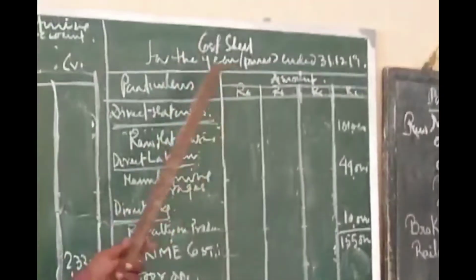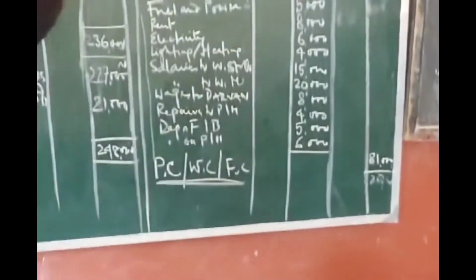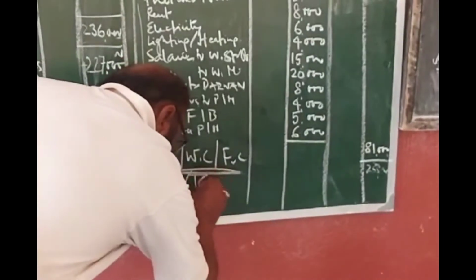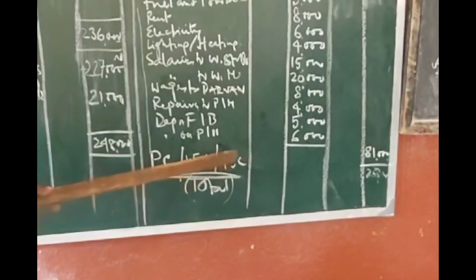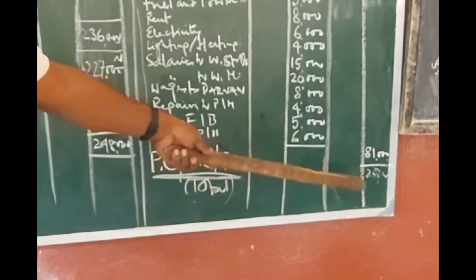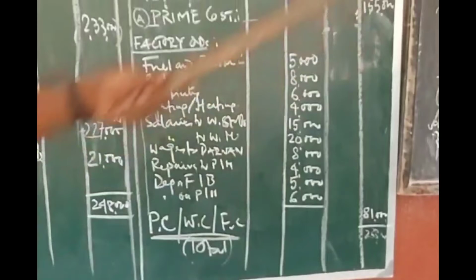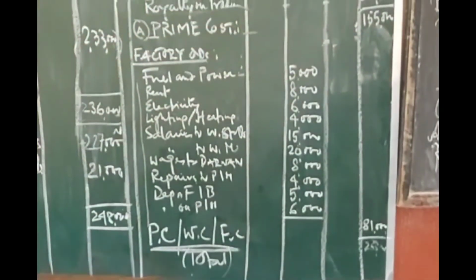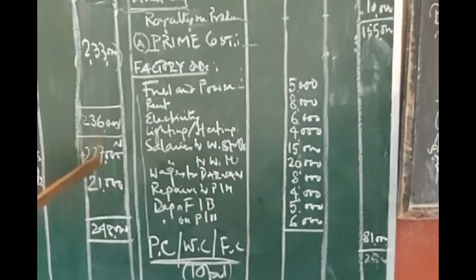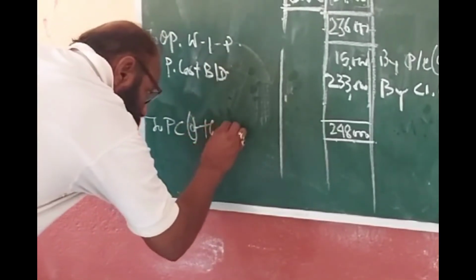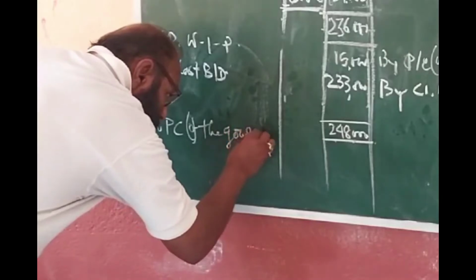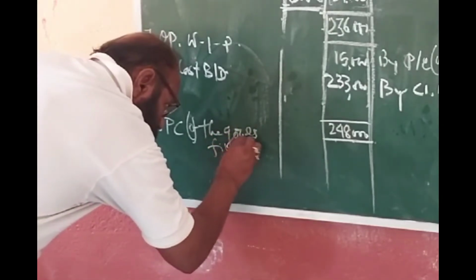In case of cost sheet, we have found out here the total production cost, factory cost or works cost, this much. Now to this we should add opening work in progress, and we should deduct closing work in progress, and you will get this amount. So this is the production cost of the goods finished.